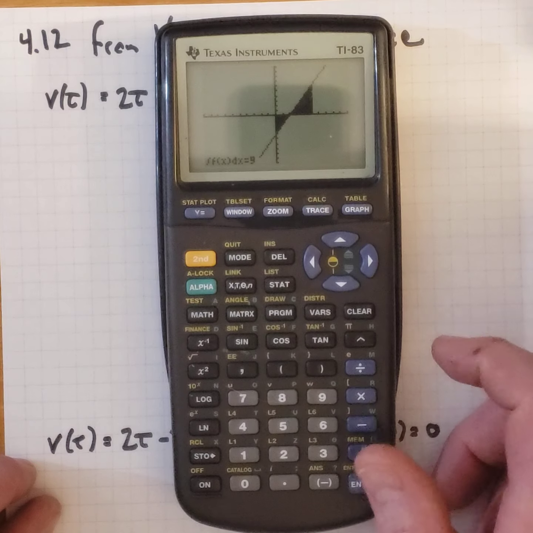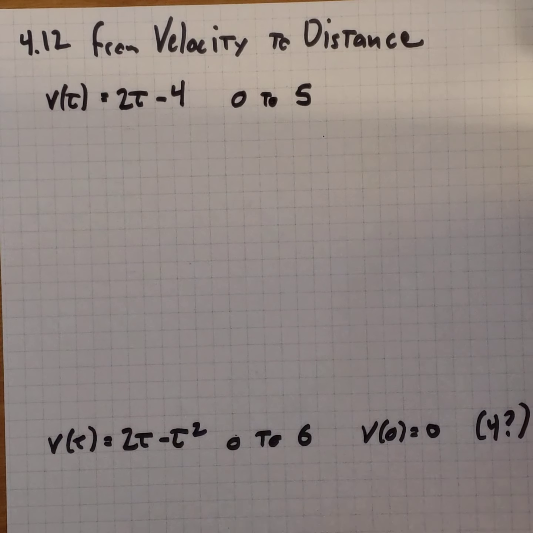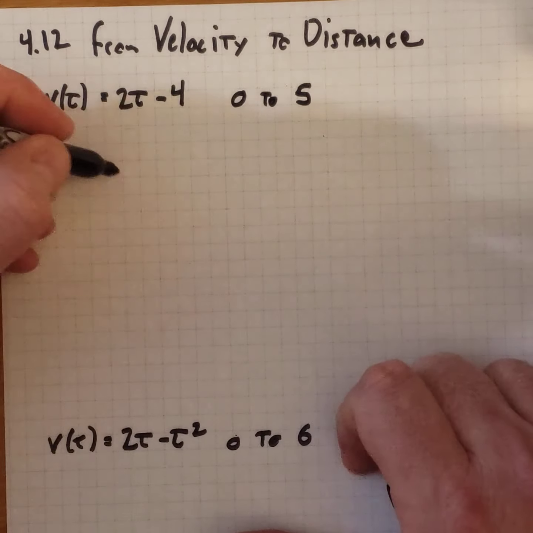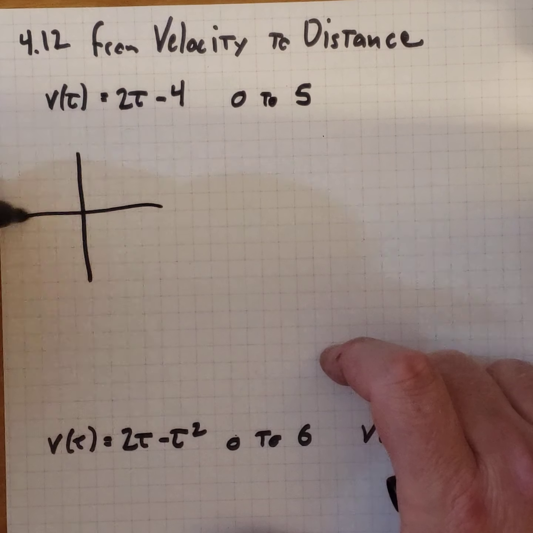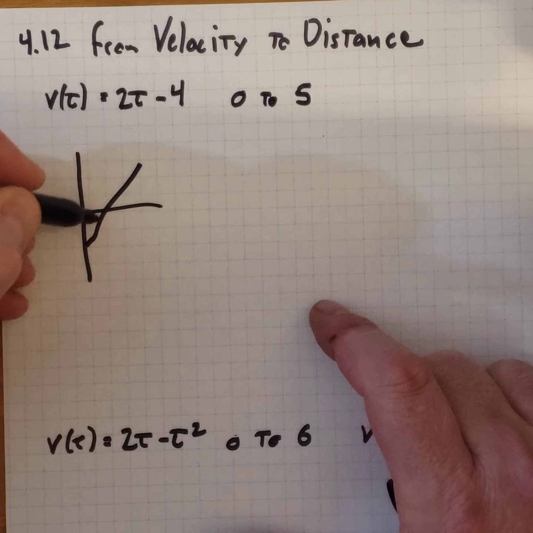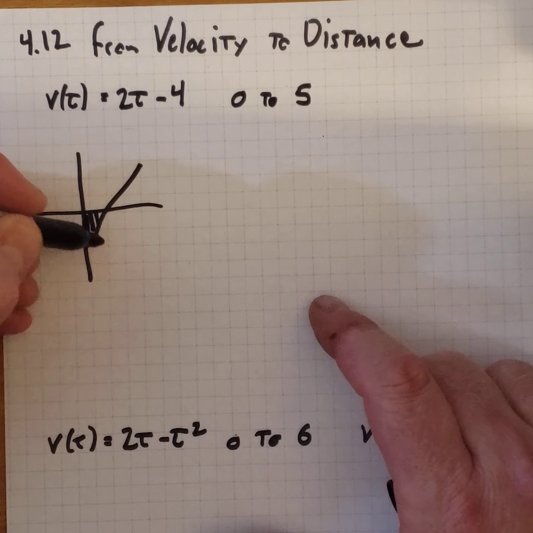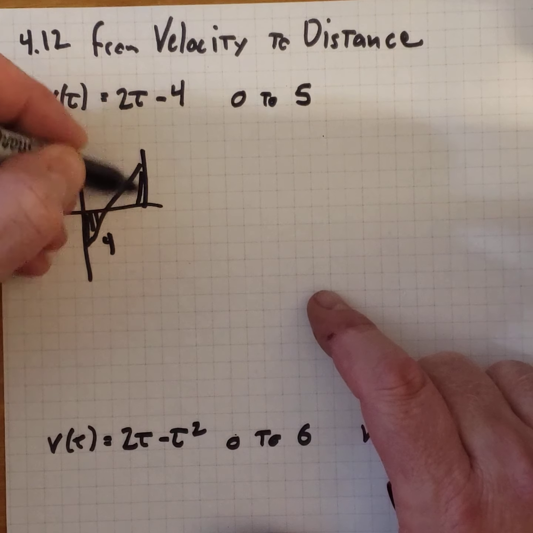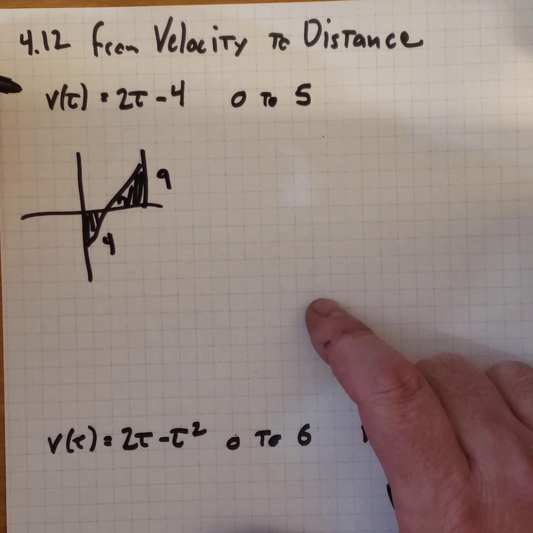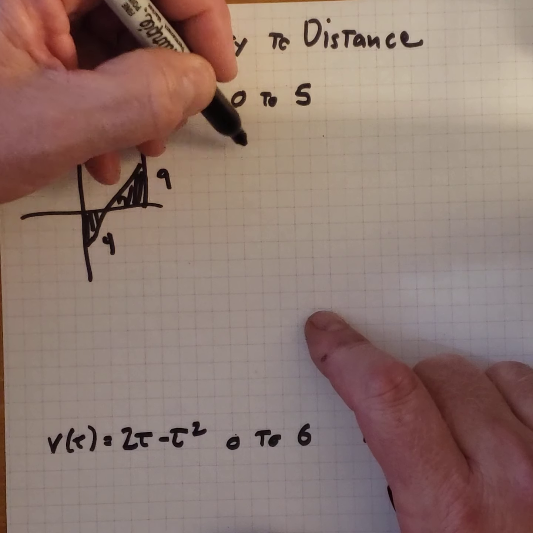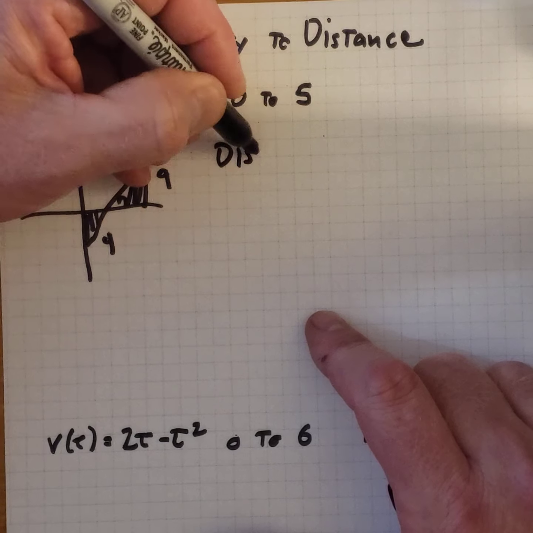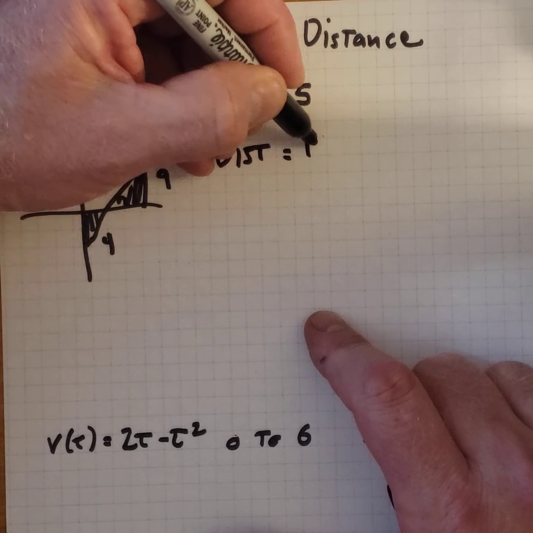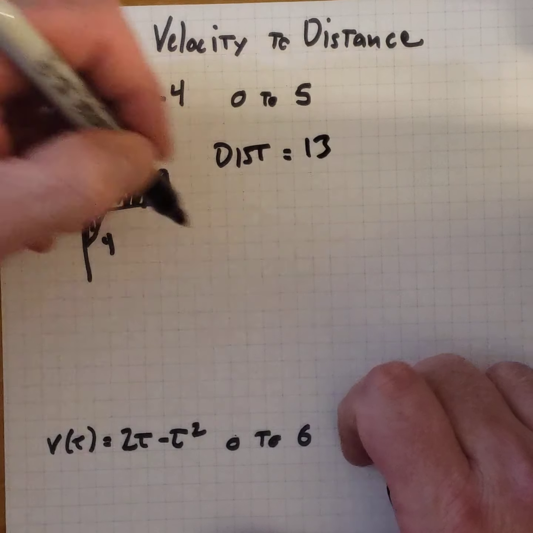we get 9. So what happened here, we've got a curve that looks roughly like this. The area of this little triangle down here is 4. We went 4 feet backwards, and then we went 9 feet forwards. So the total distance we traveled was 13, the 4 plus the 9.